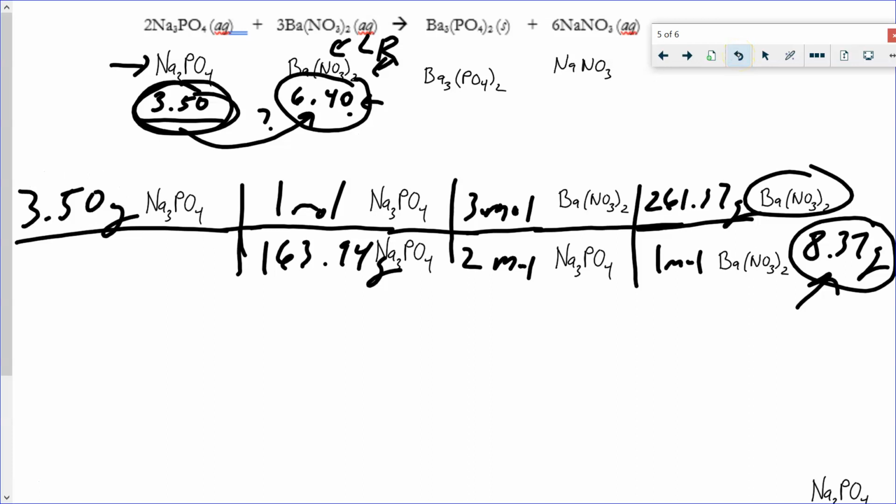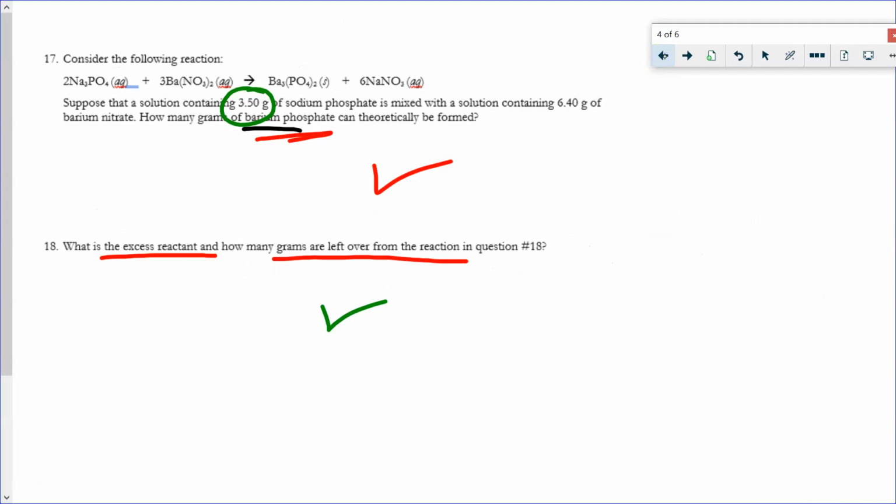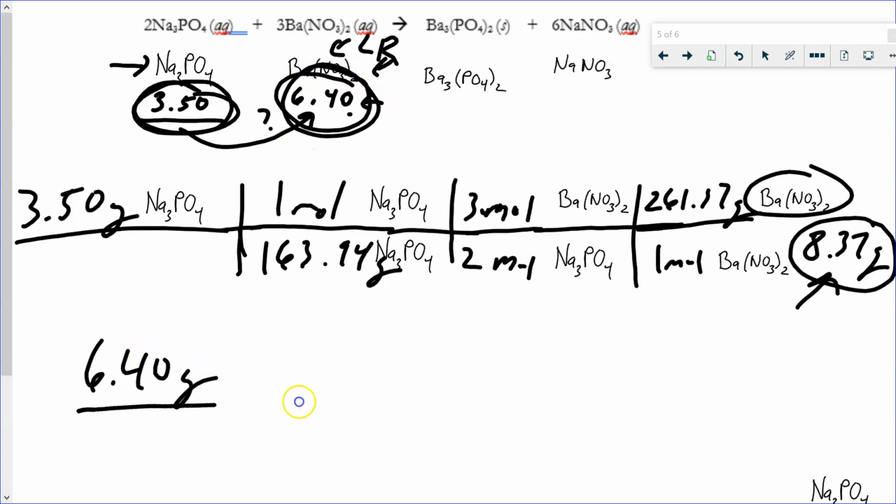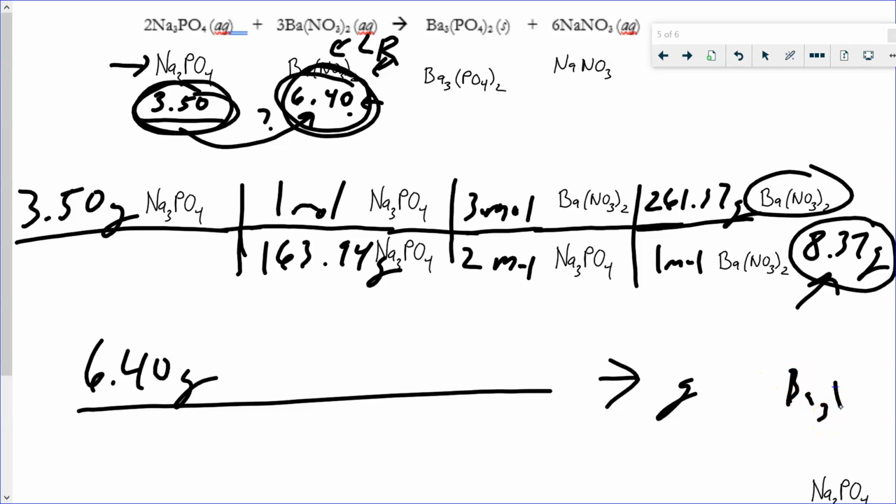Now, this only answers part of the question because it only answers which one is the limiting reactant. We still would have to go back here using the amount of the limiting reactant, the 6.40 grams of the barium nitrate, and take that to grams of the product we're looking for, the Ba3(PO4)2, barium phosphate here.